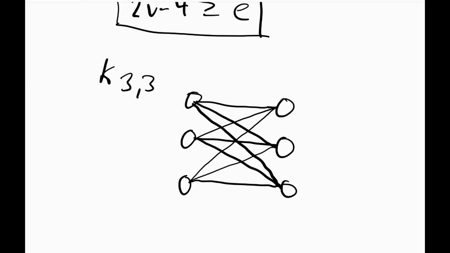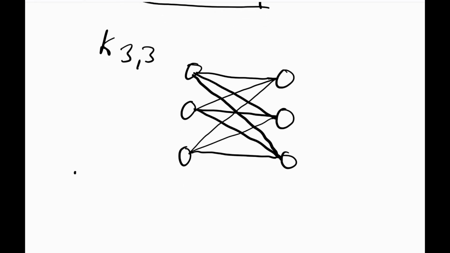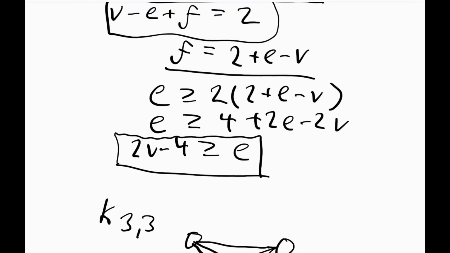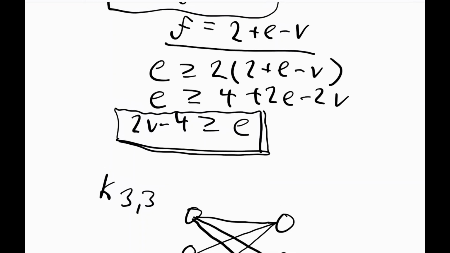So now we have K3,3, and is it planar? It's not planar, because we have a condition right here that says if you have a graph that's planar and it has no triangles, then the number of edges must be at most 2v minus 4.